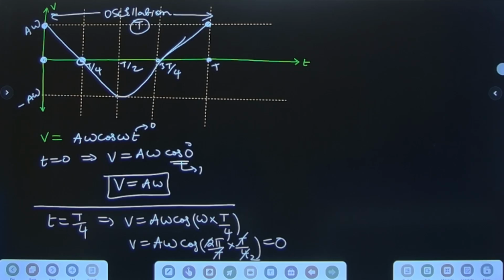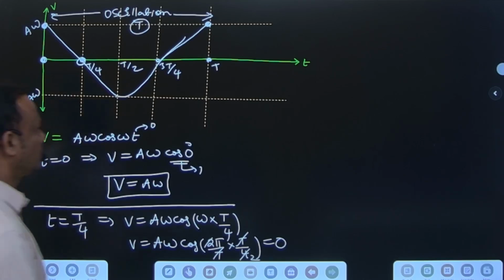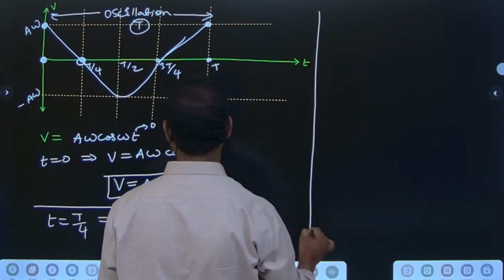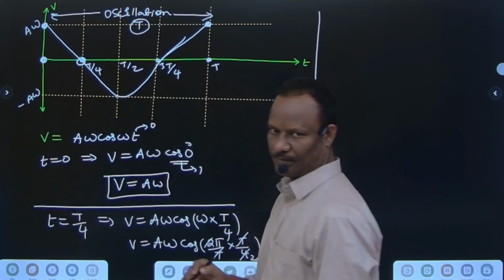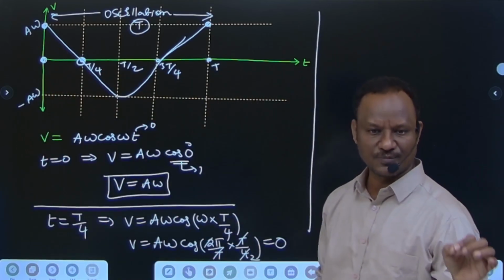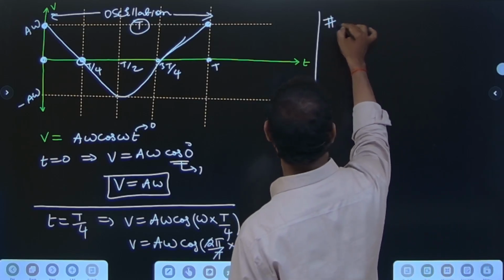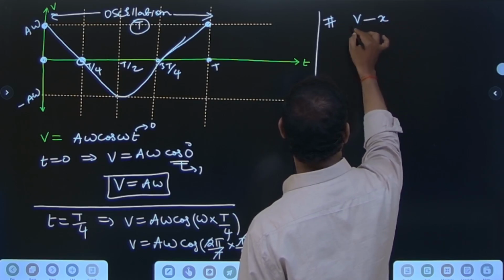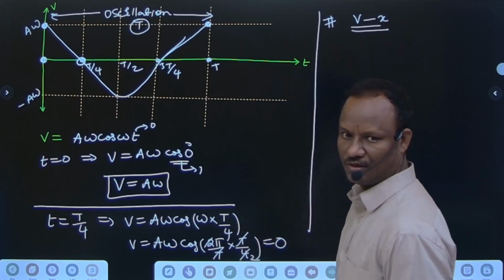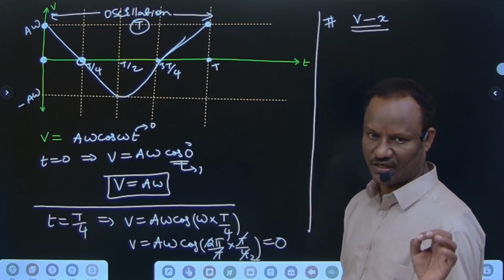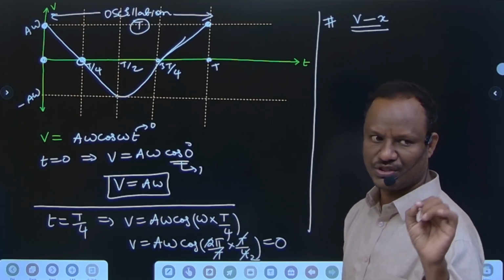And next one, I want to do velocity versus position. A graph of velocity versus position. First, take the velocity-position relation.